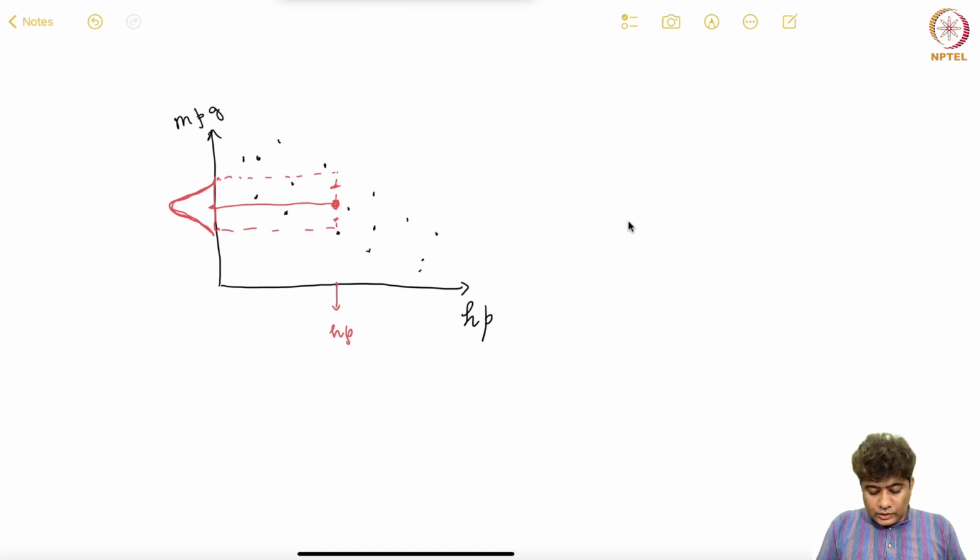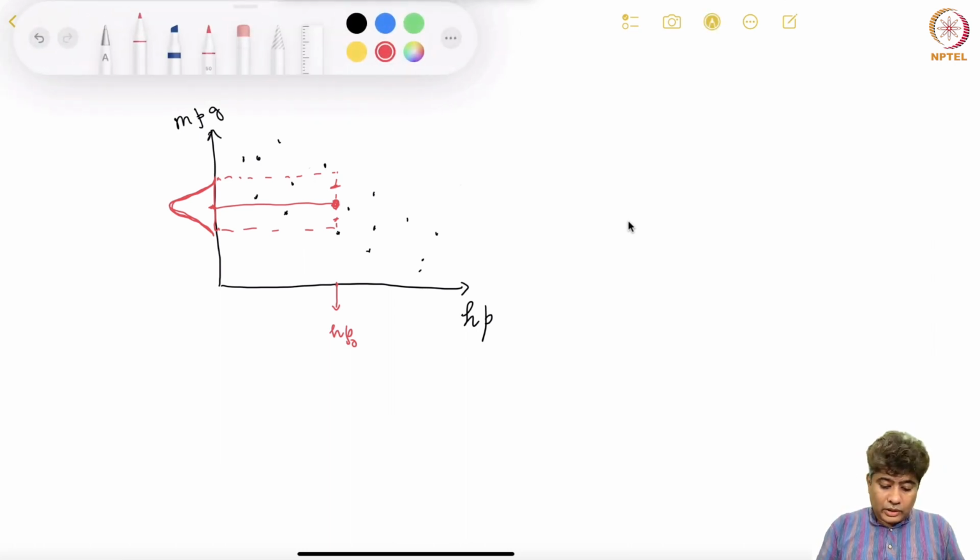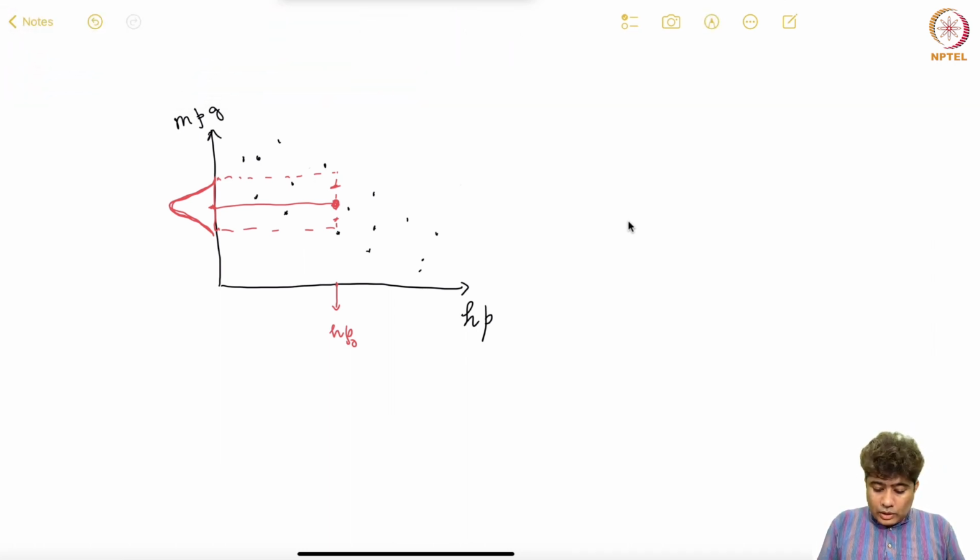Now suppose this is one particular test point. If you have another test point, say HP1, what would be the miles per gallon you would expect? Most likely this would be somewhere in this range, with the expected value somewhere here.